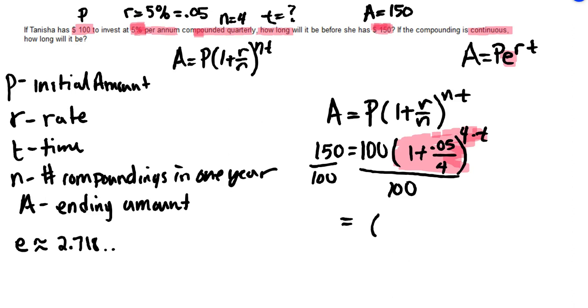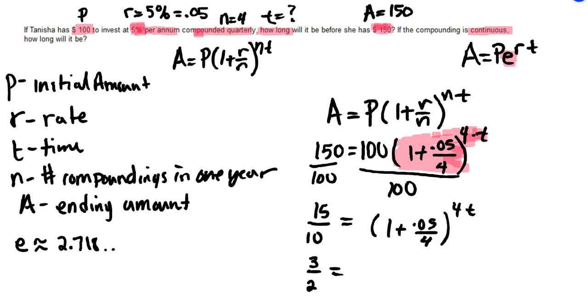That leaves me with (1 plus 0.05 over 4) to the 4t. And this side, they have a common factor of 10, so that would reduce to 15 over 10. I can reduce that even more. 5 goes into both of those, so that's 3 over 2.